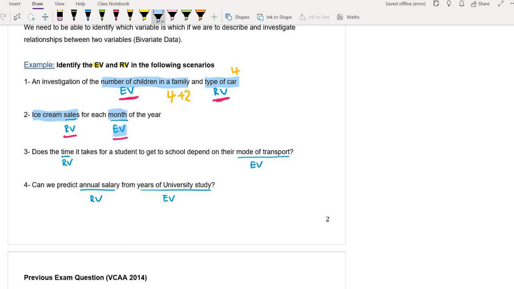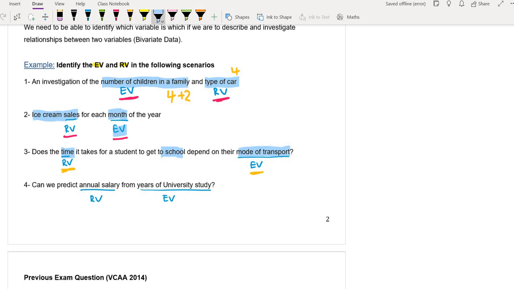Next one looks at time taken for a student to get to school and what mode of transport they use. As you could imagine, mode of transport will explain how long it takes. I don't know, if they're taking a bus, it might take longer than if they get driven.